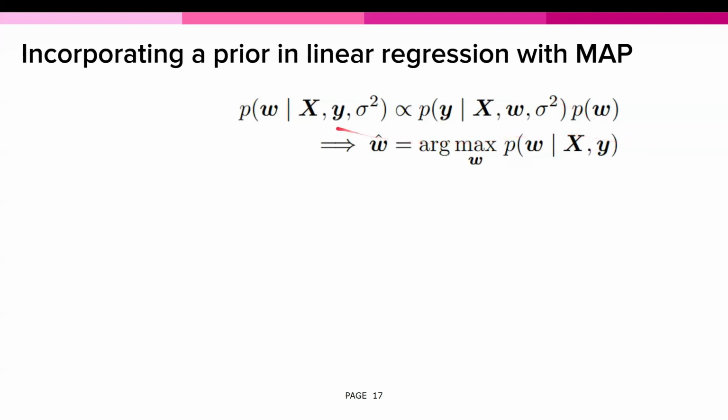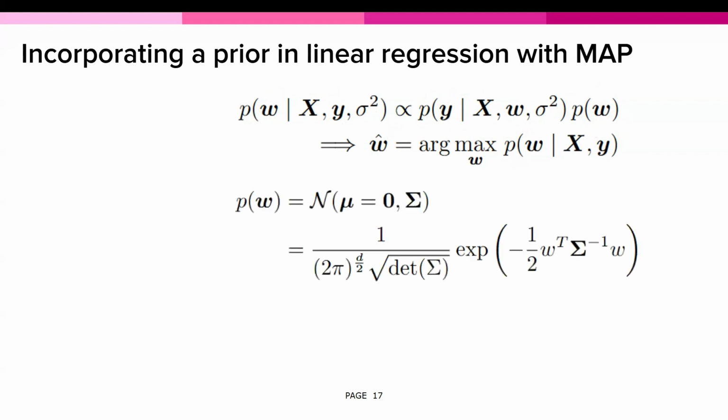So whereas MLE maximized just this quantity, MAP is going to maximize the posterior distribution. So in linear regression, we need to also incorporate a prior distribution over the weights, which are represented by vector W. A common choice for this prior distribution is a multivariate Gaussian or normal distribution.